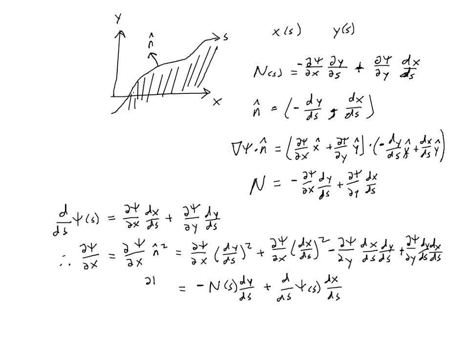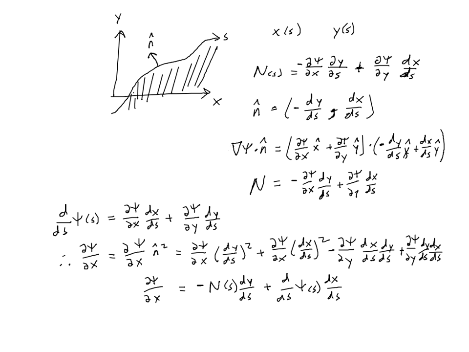So effectively, I've gotten the partial of psi with respect to x written in terms of derivatives, either the derivative with respect to the normal of my solution, or the derivative of my solution along the arc length, where I'm multiplying 1 by dx ds and 1 by dy ds, right?